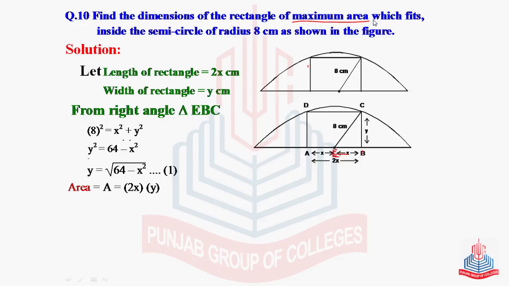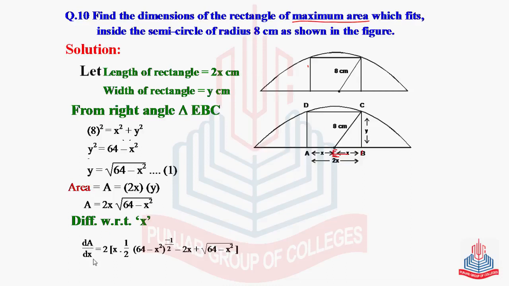So now area is equal to length into width, as the length of the rectangle is 2x and width of the rectangle is y. So our area will become 2xy, and putting the value of this y, it will become 2x into square root of 64 minus x square. Now differentiate this area function with respect to x. We have dA by dx.